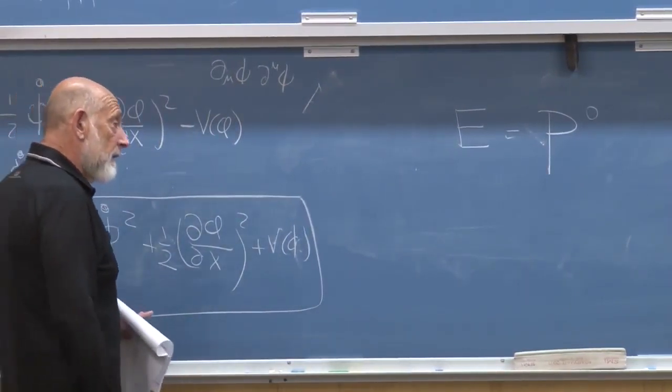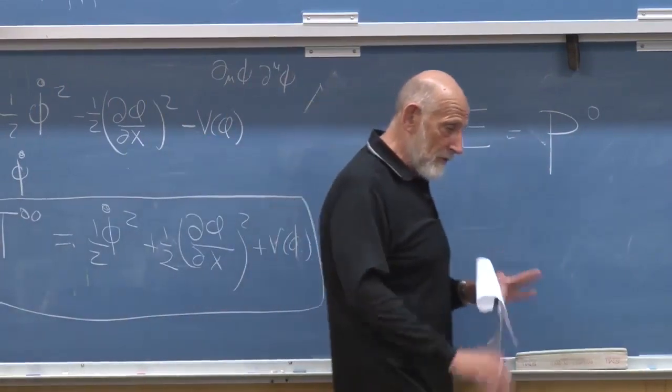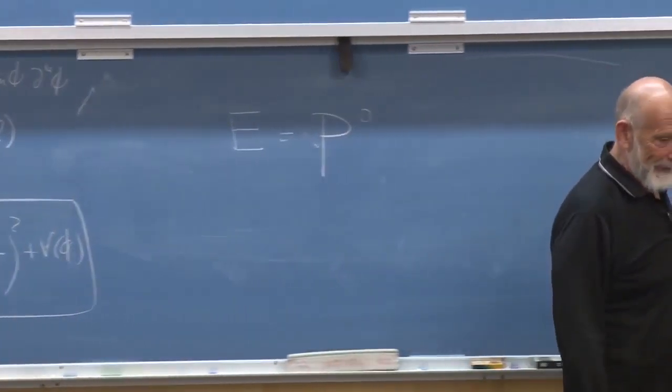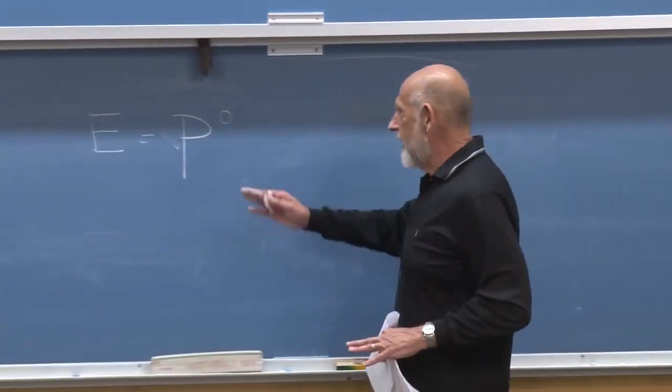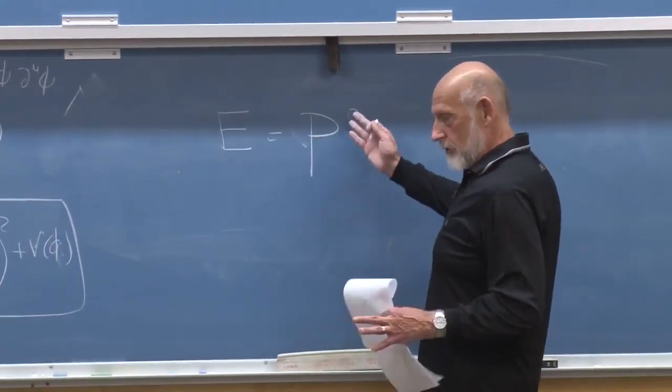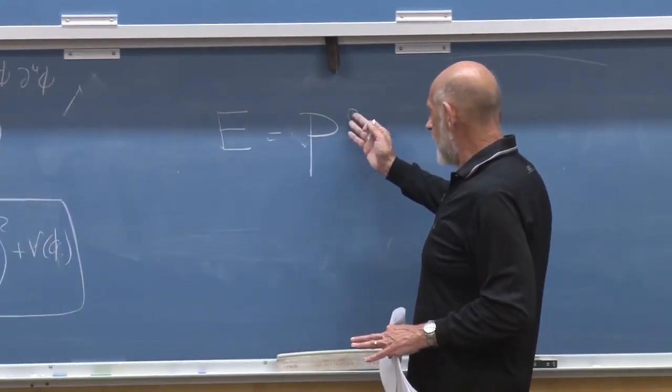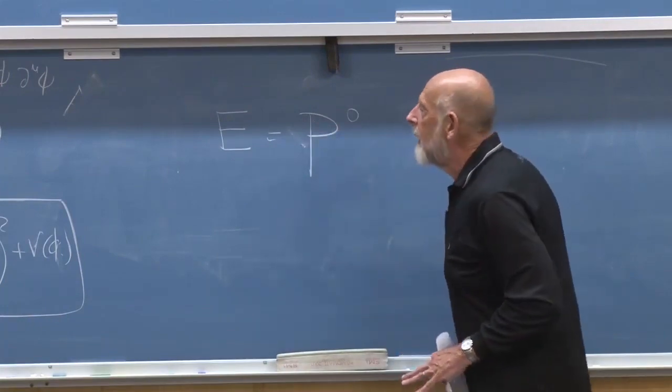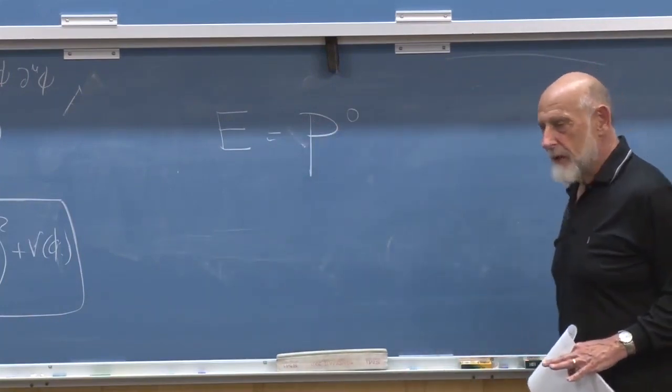Okay? That's one fact I want you to remember, that the energy is in some sense associated with a time component of a 4-vector. And then there's another interesting fact.